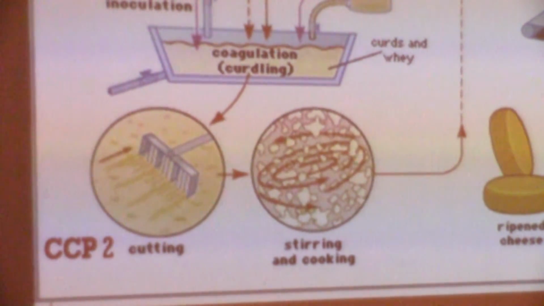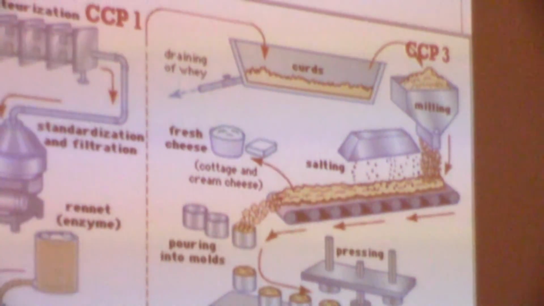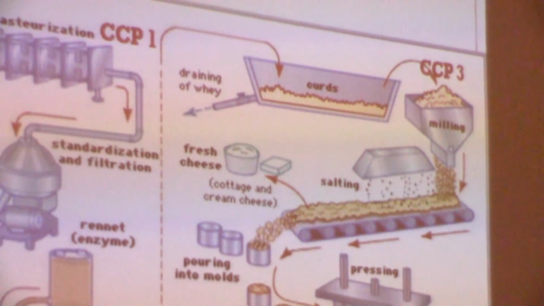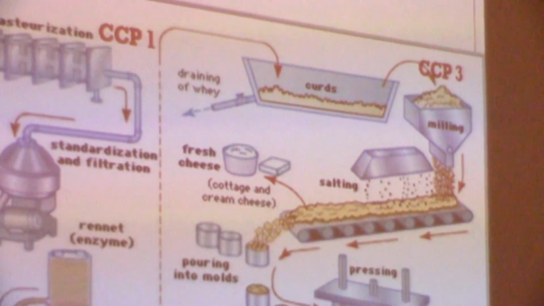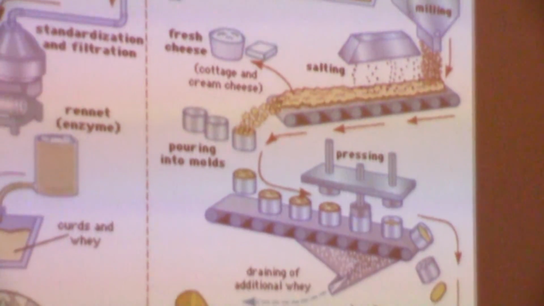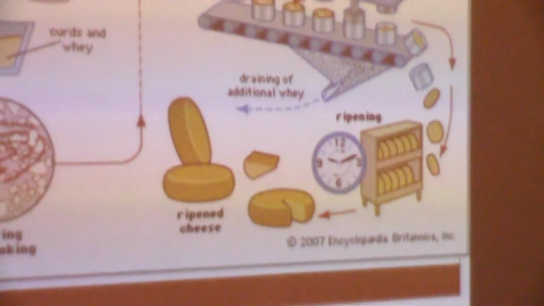And the third one is in the milling. Because we mill right after cooking, some of the residue from the cooking of the cheese could be left in the milling and could cause organism growth, which could be an issue later on in further processing.